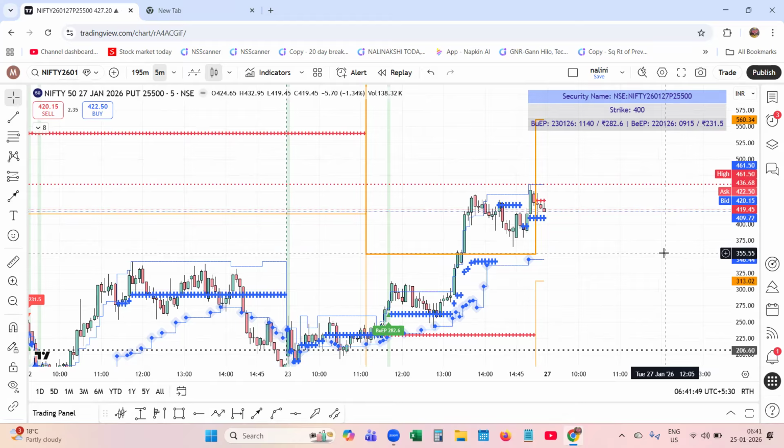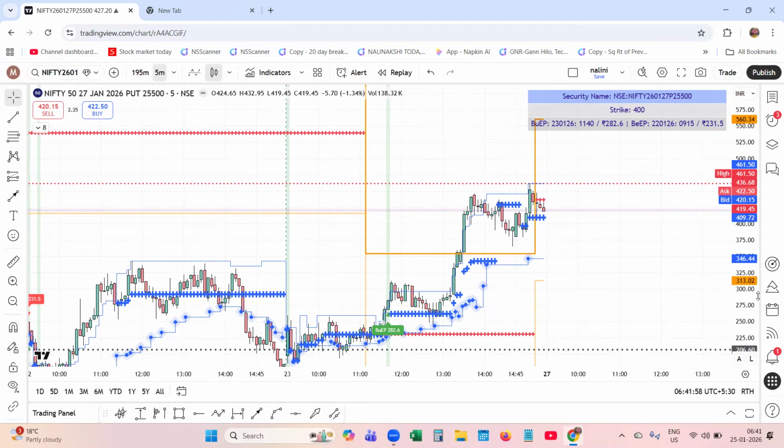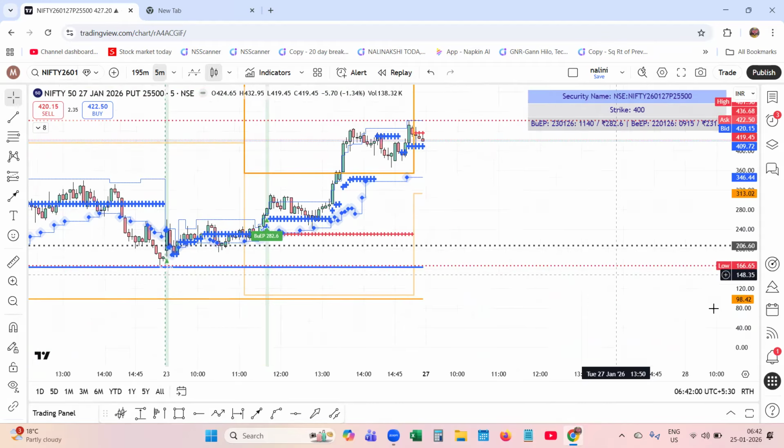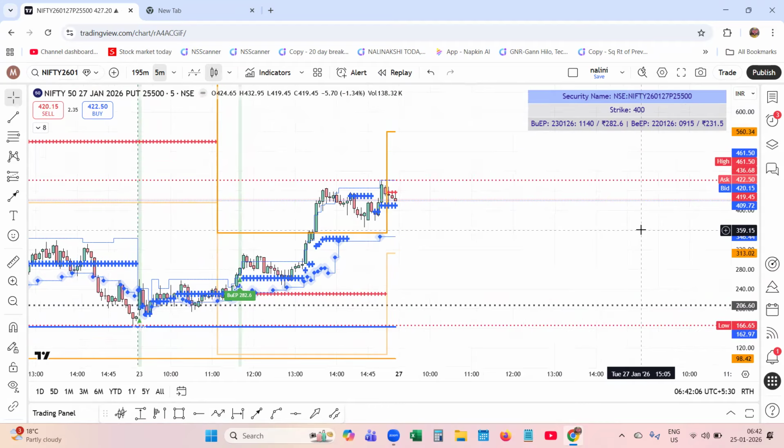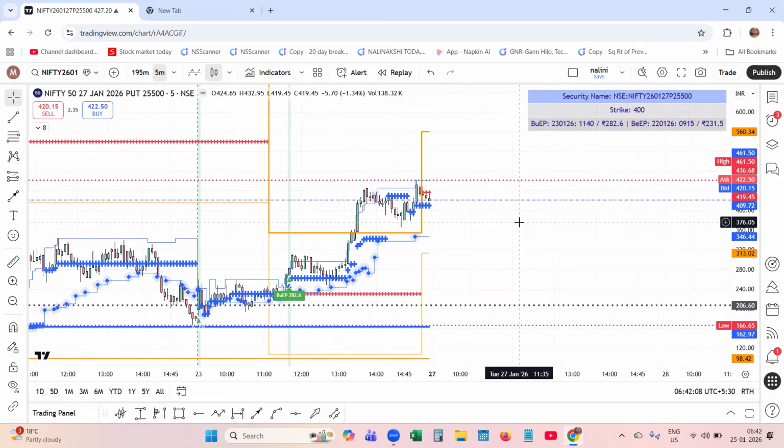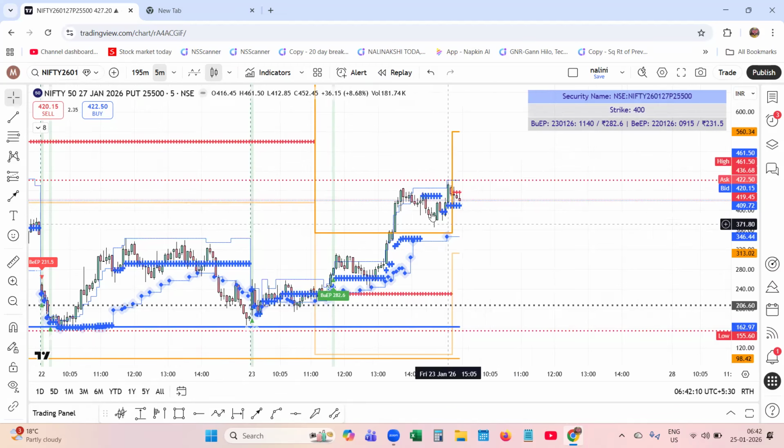Most traders don't know that they can enable it by going to the settings. You will get to know this is the closing of the previous day, and this is the high, and this is the low. Instantly, you will get to know on the option chart also. The POC has moved higher and it has halted.